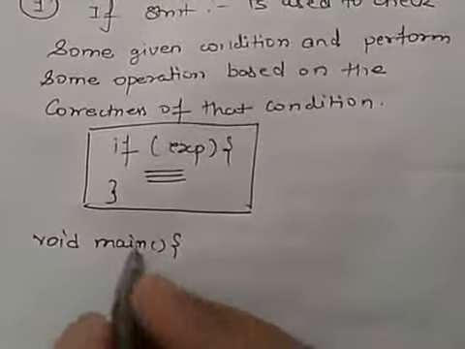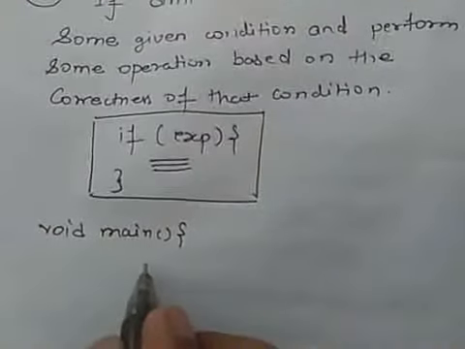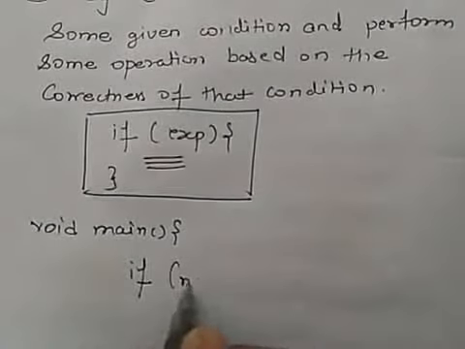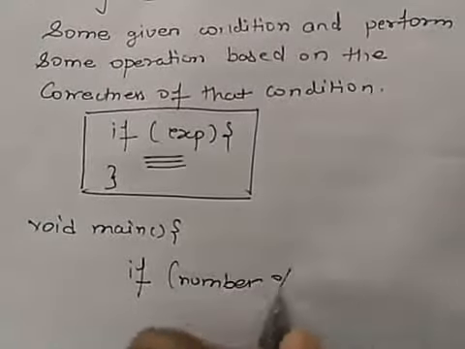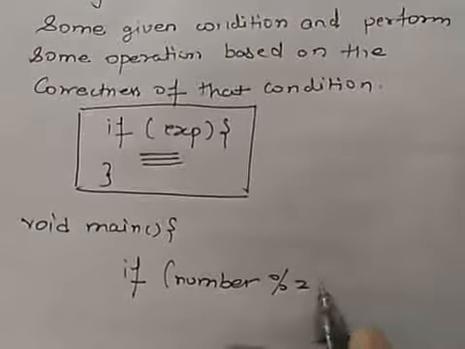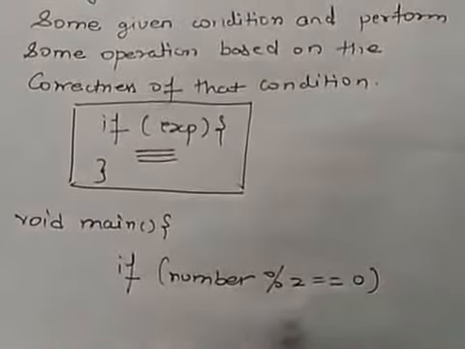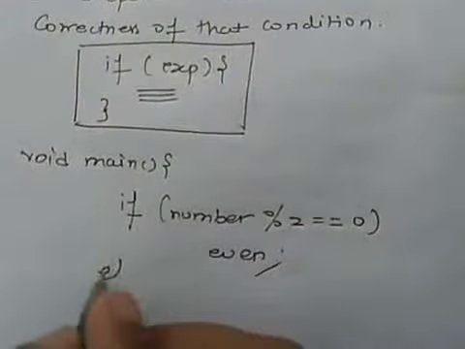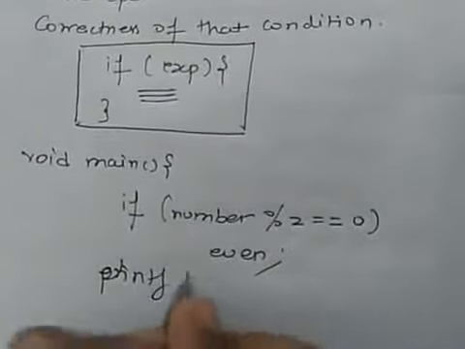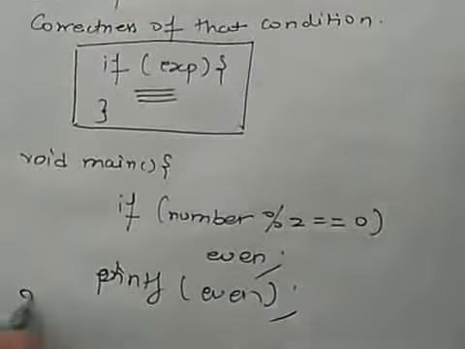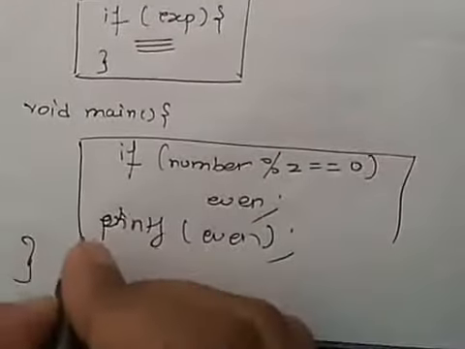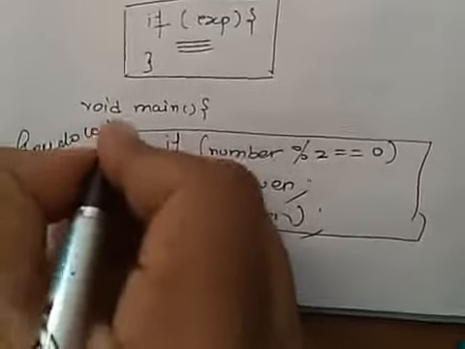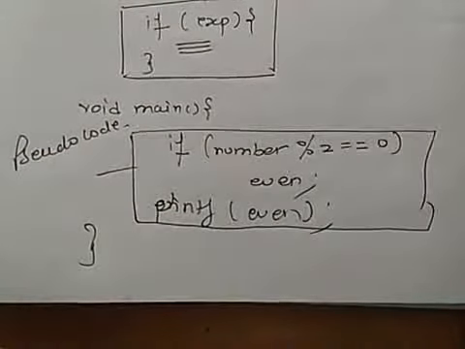Inside the main function I am writing only the pseudo code, that is, if number modulo 2 equal to 0, then it is an even number, and after that you can print that even number. So this is only the pseudo code that I have written here. You can write the full program.